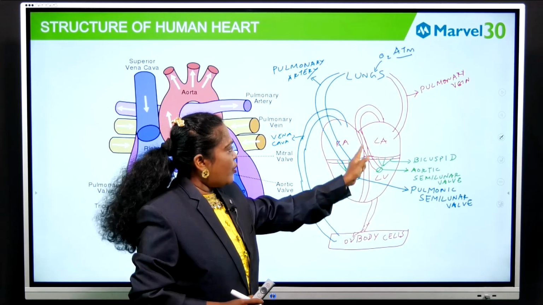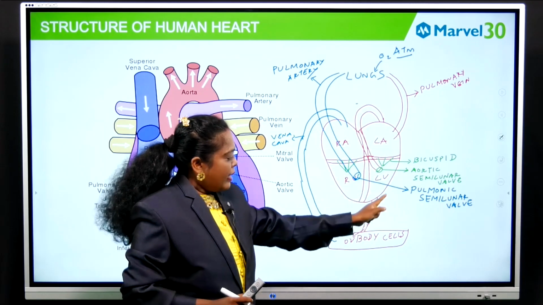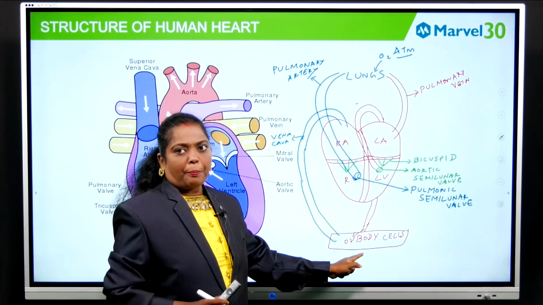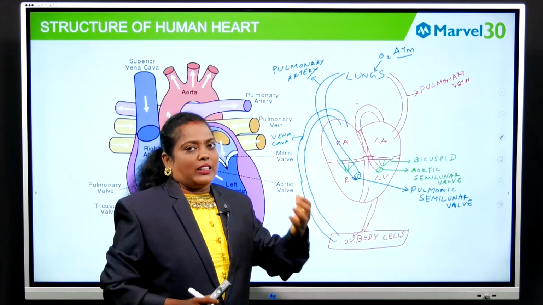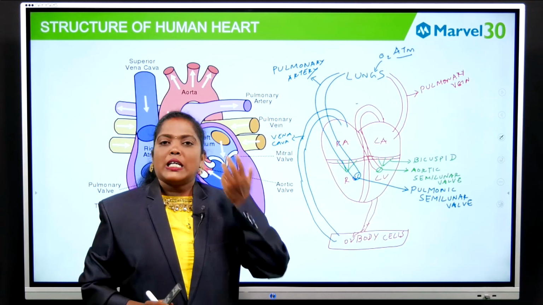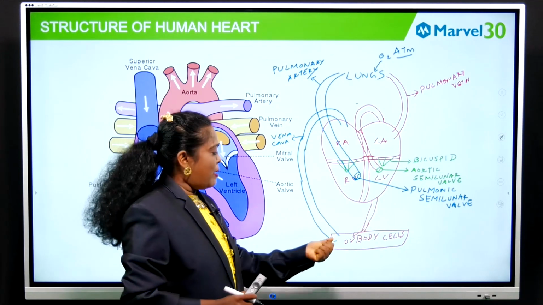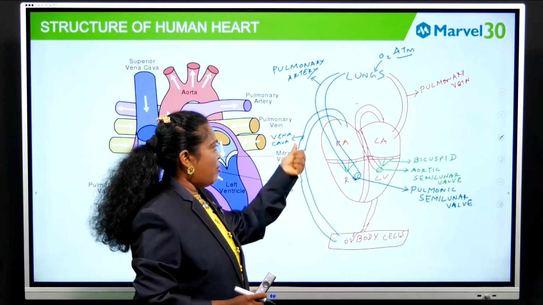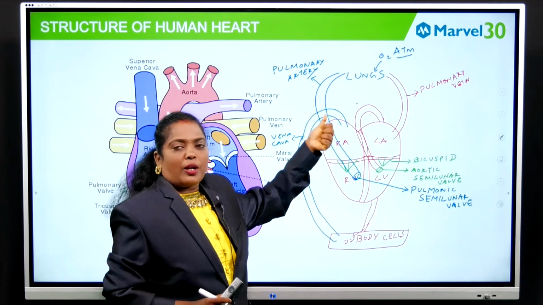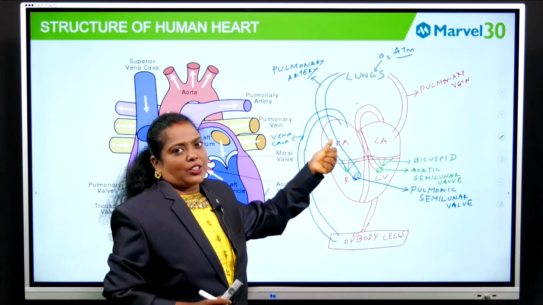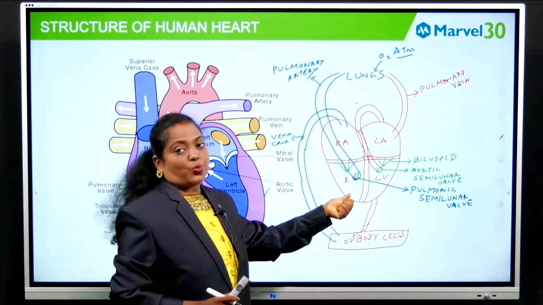This aorta will supply blood to the entire part of the body, and the body will receive the oxygen. Instead, the byproduct is carbon dioxide. That carbon dioxide will be carried by the vena cava to the right atrium. From the right atrium, the deoxygenated blood will come to the right ventricle.